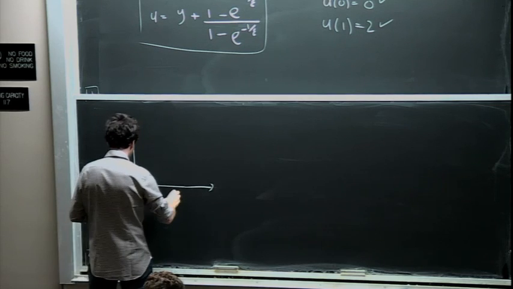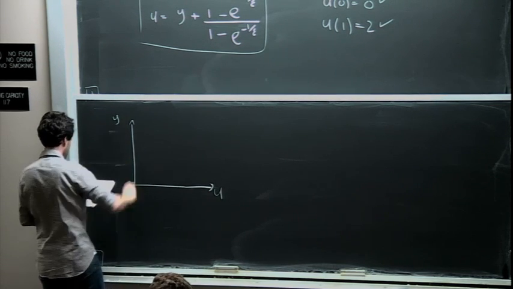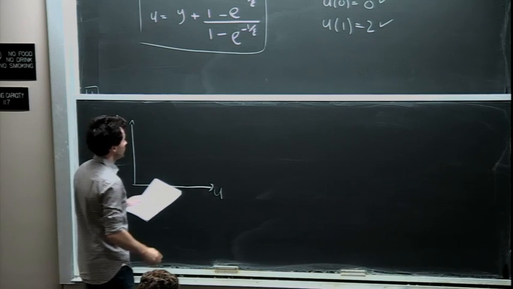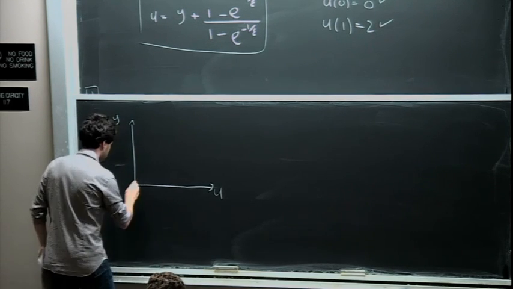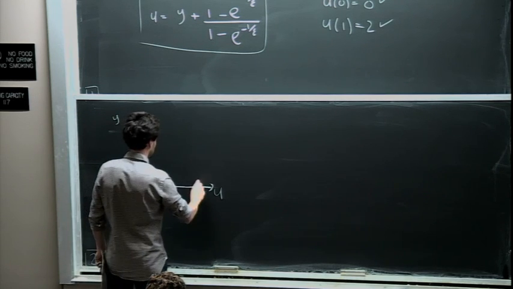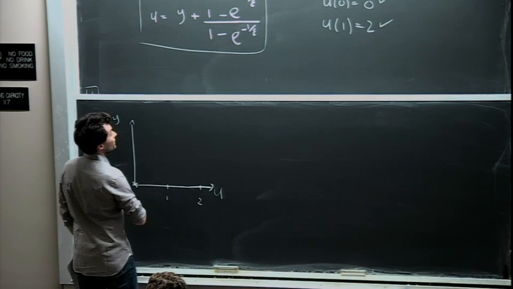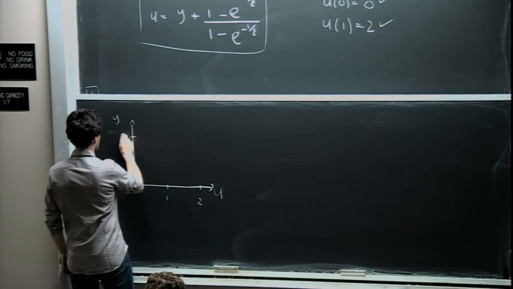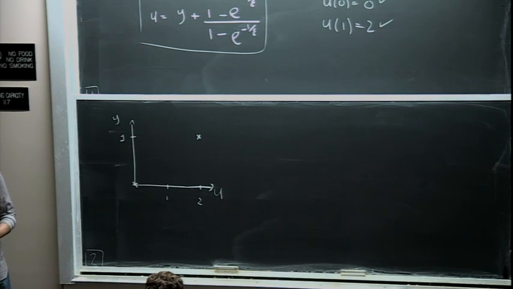Okay, so I'm going to put u on this axis over here, and I'm going to put y on this axis over here. As y goes to 0, u goes to 0, so it's over here. And then we know that u is equal to 2 at y equals 1. It passes through these two points over here.